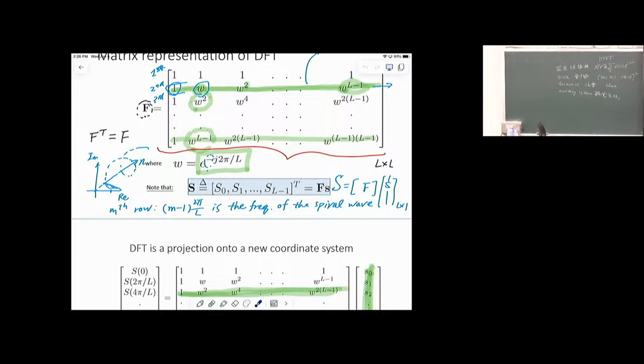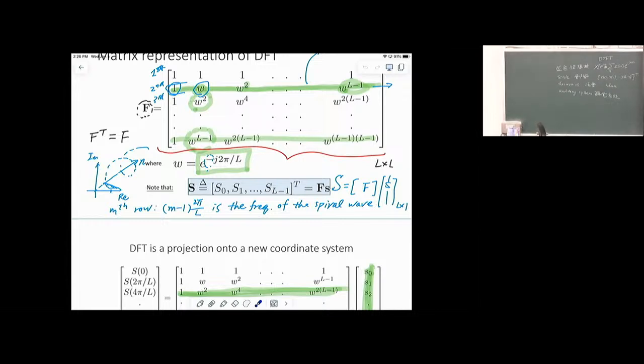But how about the next sample, W right here? W is this: e to the minus j 2 pi divided by L, right? So what is that? This is going in which direction around the clock? Actually, I might have got it wrong. I might have said it wrong. It's clockwise. So this is like going one step.